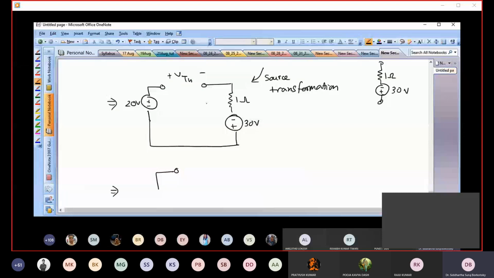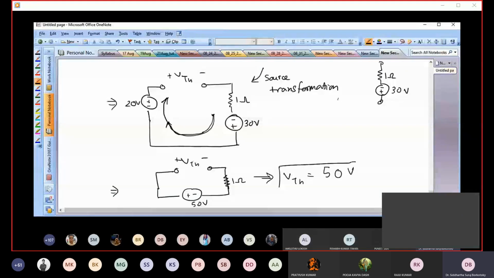When you move from this point to this point, you have a 30 volt potential rise, and then you have another 20 volt potential rise. So that's a 50 volt rise. This is VTH. So this means your VTH is nothing but 50 volts. And then there is a 1 ohm, sorry, I forgot 1 ohm. Okay, so 50 volts. This is your Thevenin voltage.